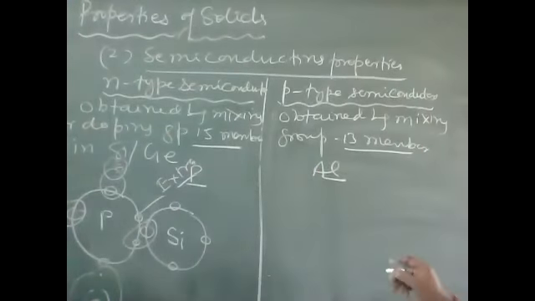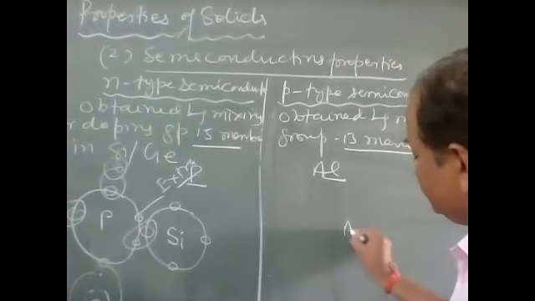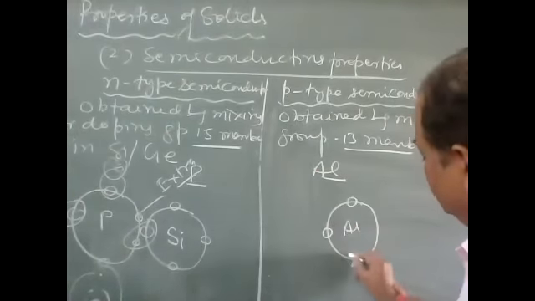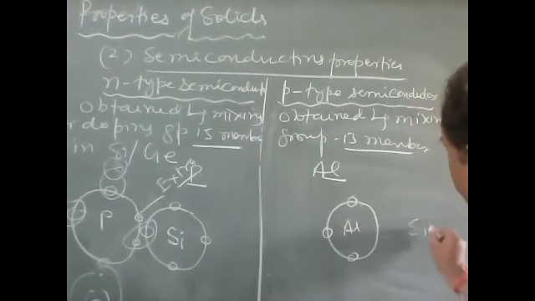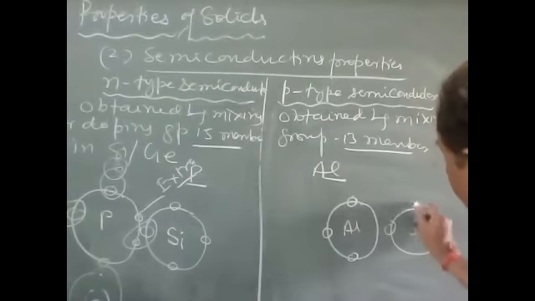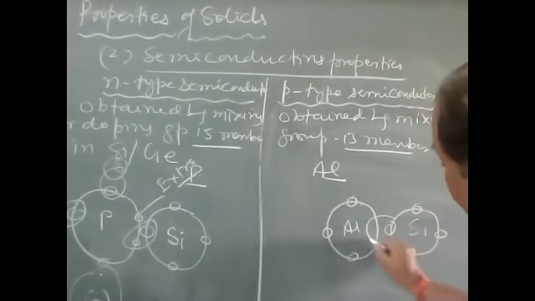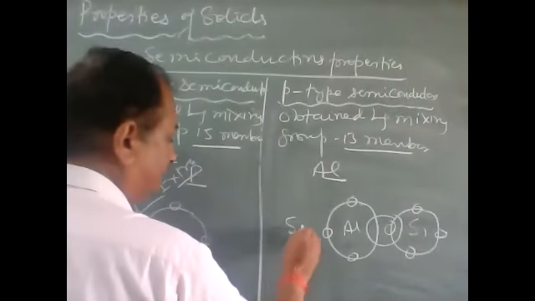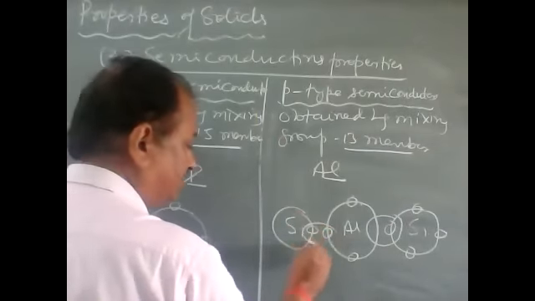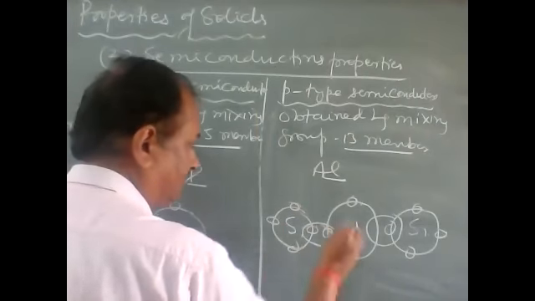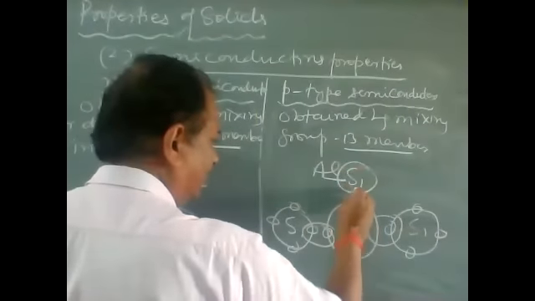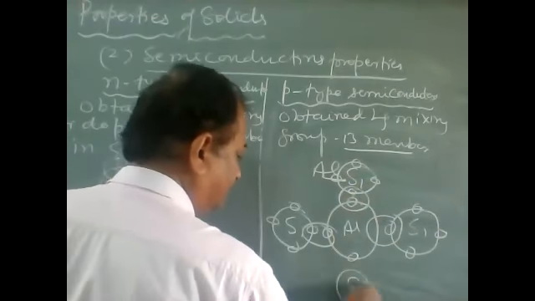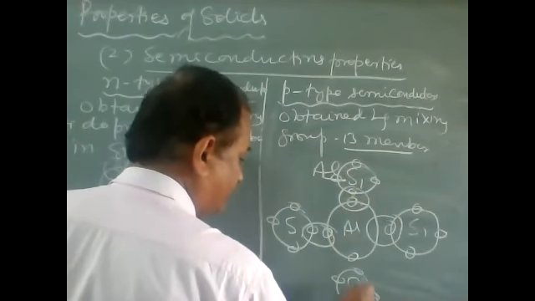Now coming to aluminium, like this aluminium. Here I am drawing, and here we have silicon. Here there is the covalent bond. Now the other silicon, this is the bond. Let me complete. Here there is the fourth silicon atom.